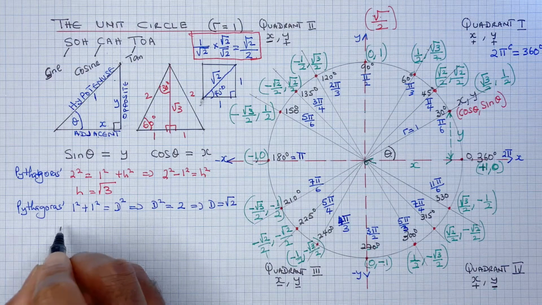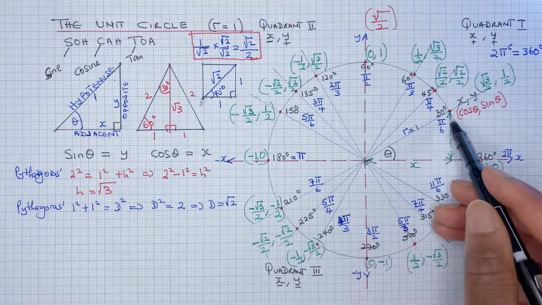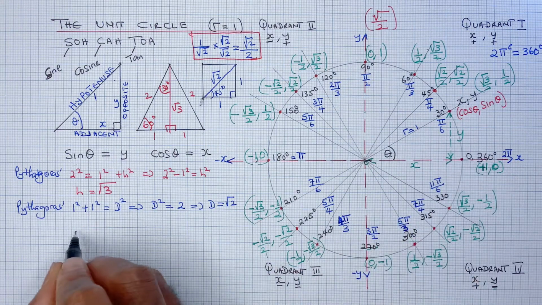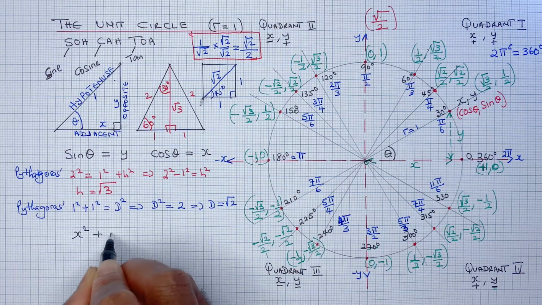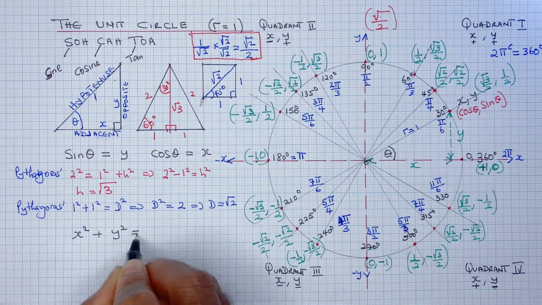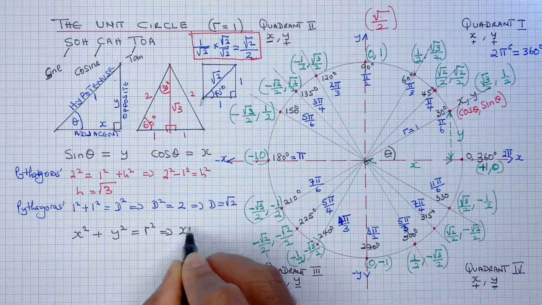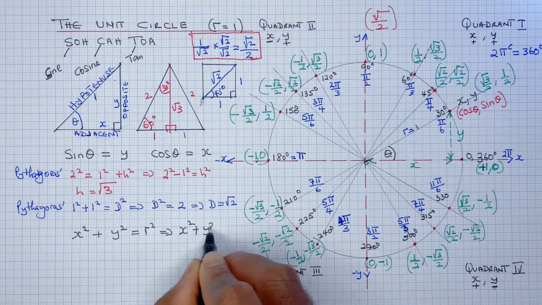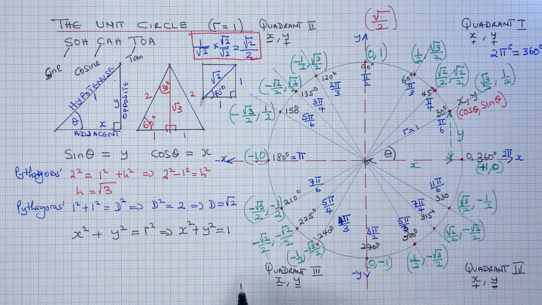Another thing we need to realize is this is using Pythagoras here. I can say that x squared plus y squared equals r squared. And that implies that x squared plus y squared equals 1, because r is 1, and 1 squared is 1.